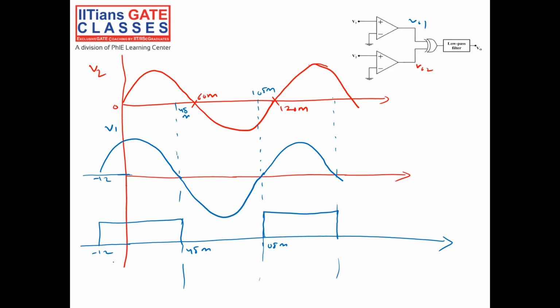What will be my V2? If I want to plot V2 here, I will plot V02 here only. This is V01. Let's plot V02. V02 is 1 when V2 is positive.